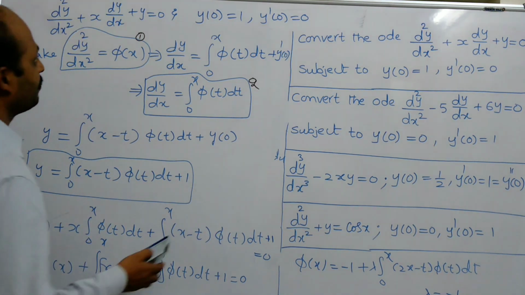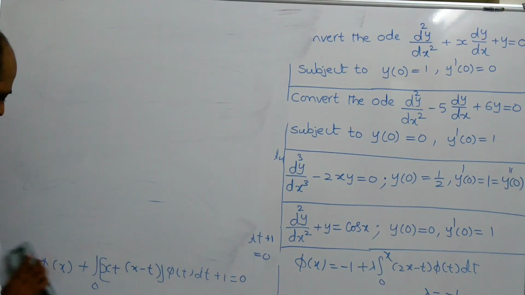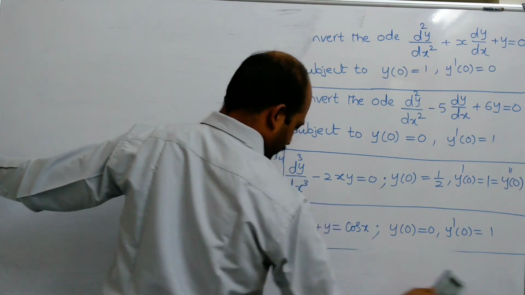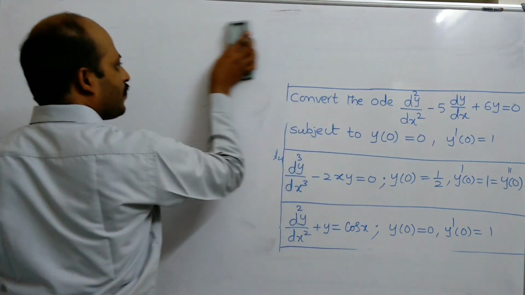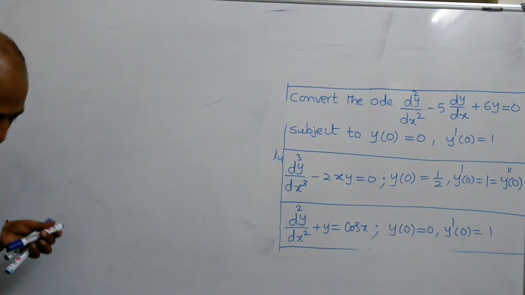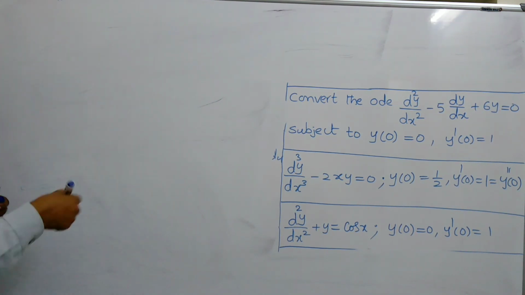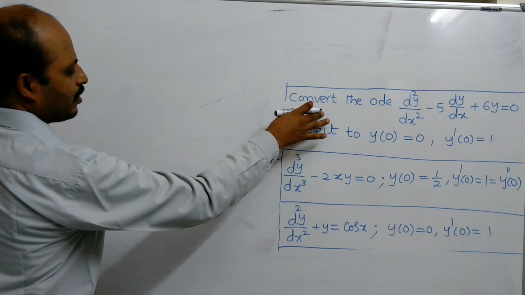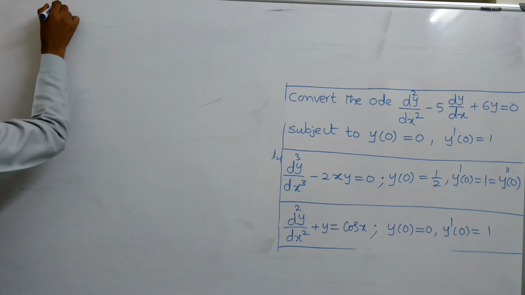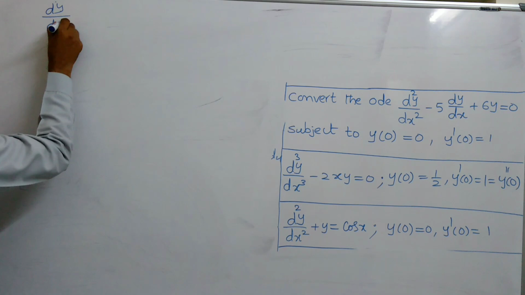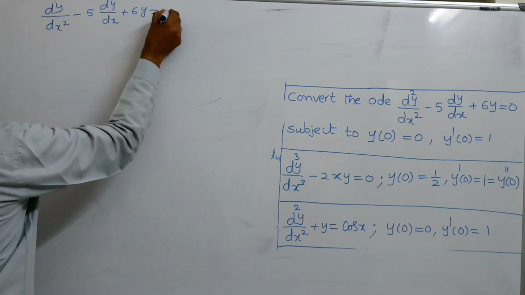Yes, let us solve the next problem. In the second problem, the given equation is d square y by dx square minus 5 into dy by dx plus 6y is equal to 0.